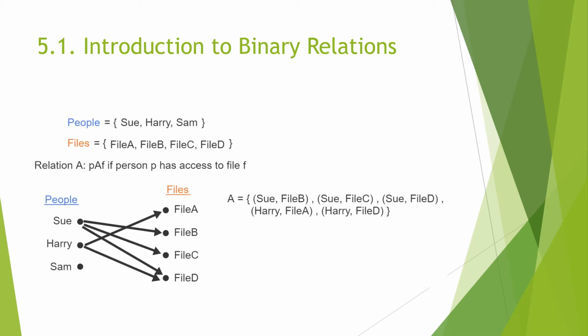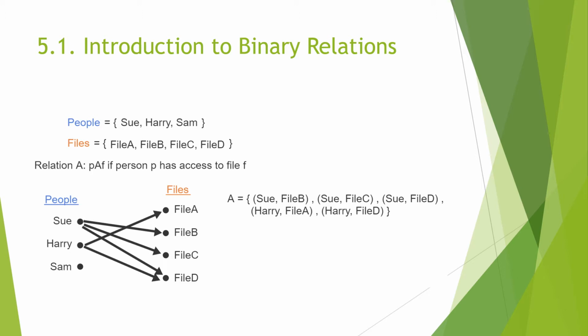As an example of a relation, you can consider the following relation that we use A to represent. Relation A is defined between a set of people like P and a set of files.